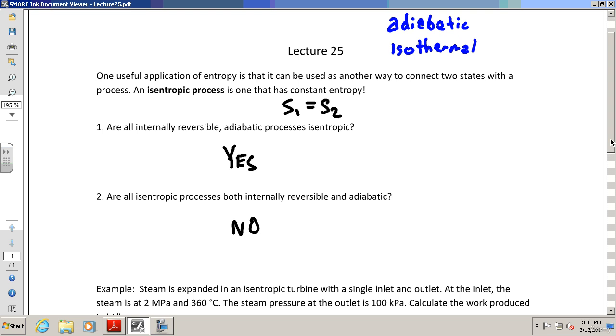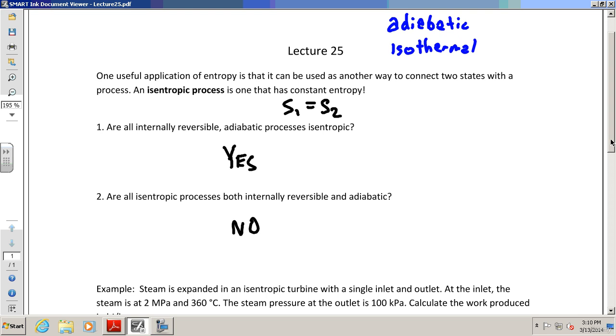Remember when I talk about internally reversible, meaning like no friction? Like nothing on the inside is causing any irreversibilities. And so, you lose some heat, but gain some entropy on the inside, and they balance each other out, okay?